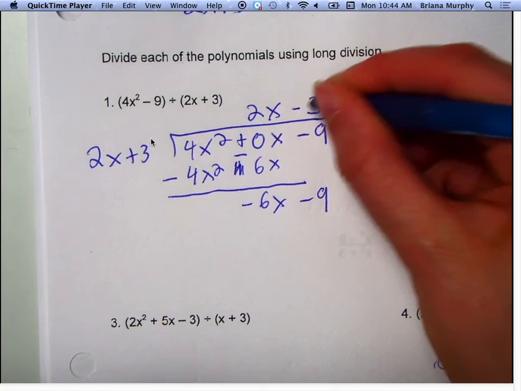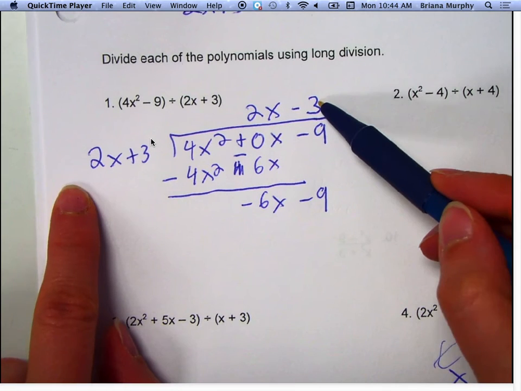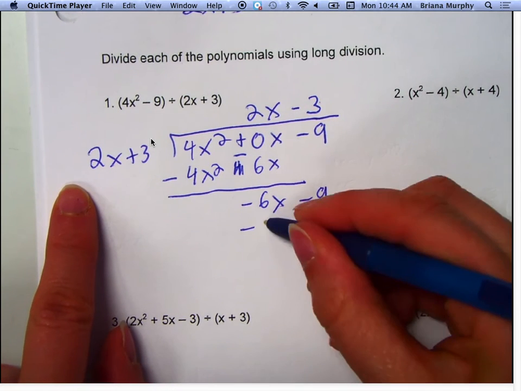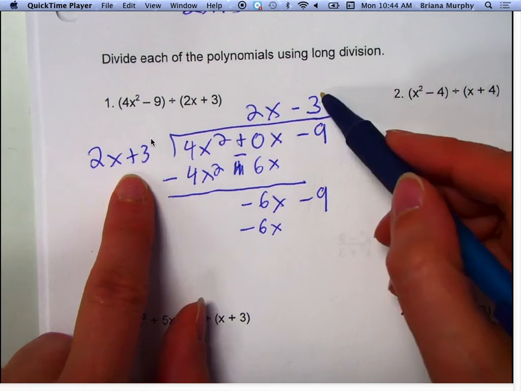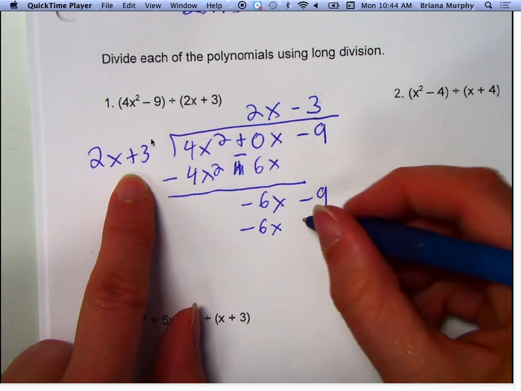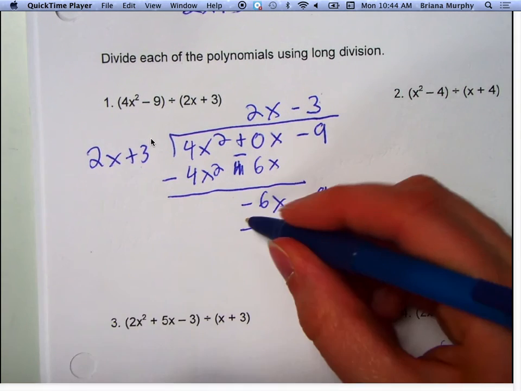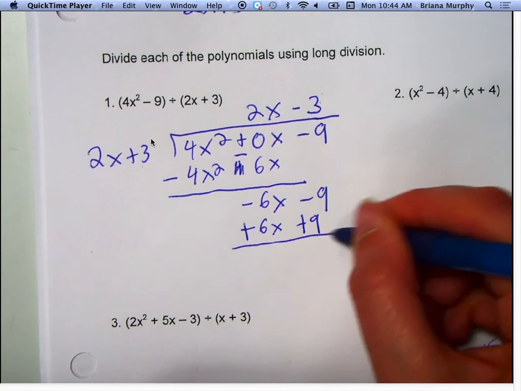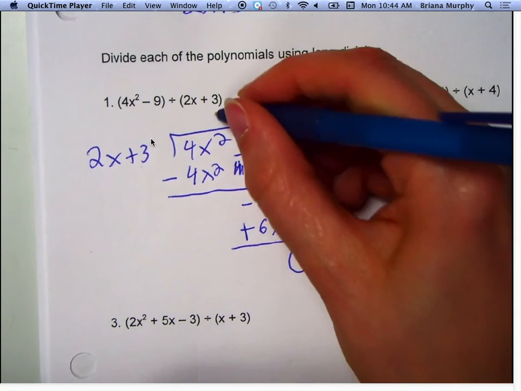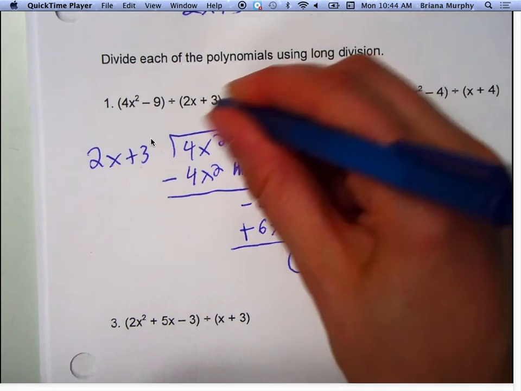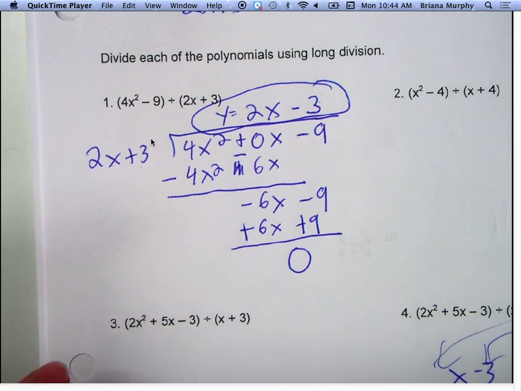Negative 3. Negative 3 times 2x is negative 6x. Negative 3 times a positive 3 is a negative 9. We change our signs and get 0. This is my oblique asymptote.